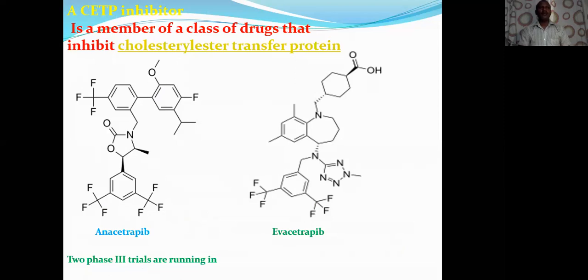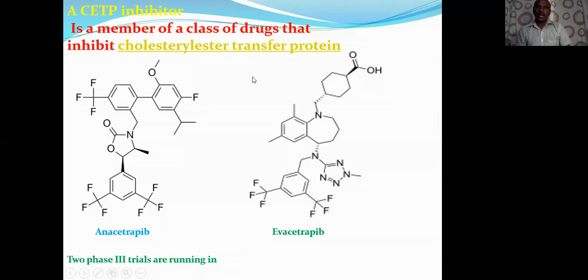If a free fatty acid combines with cholesterol, a cholesterol ester is formed. Here the CETP inhibitor class inhibits cholesterol ester transportation. Cholesterol esters are again components of VLDL. These drugs have not yet come into the market, but they are in phase 3 clinical trials. They are anacetrapib and evacetrapib.